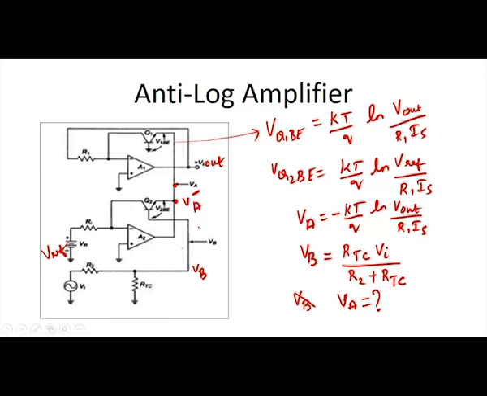VA can be written from the emitter terminal: if you take the voltage from the emitter terminal, then it is the VA voltage. So, emitter base of Q2 plus this voltage, this is also VB. So, the emitter base voltage of Q2 plus VB is the voltage for VA.